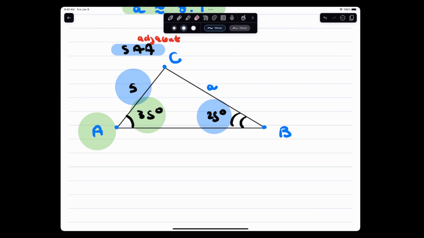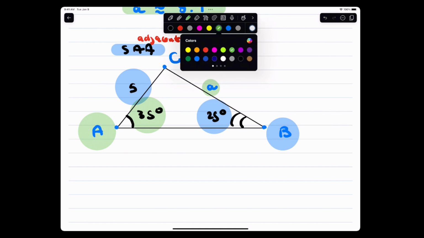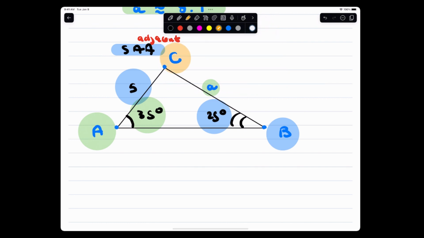Little a. Thank you. Is that pretty good? And I'm going to keep the B blue. Vertice B, angle B. And then I'm going to say what here? This will be what? Vertice C, angle C. And this will be little what? C. Okay, because we're going to be using law of sines here.